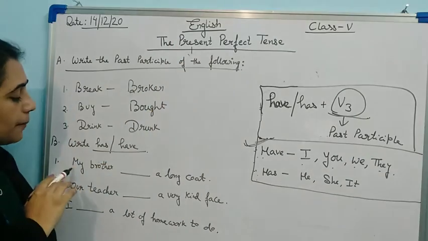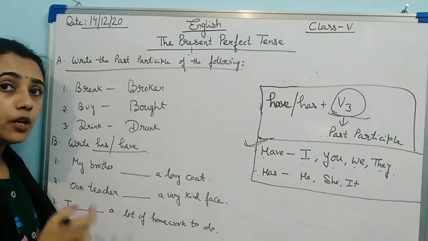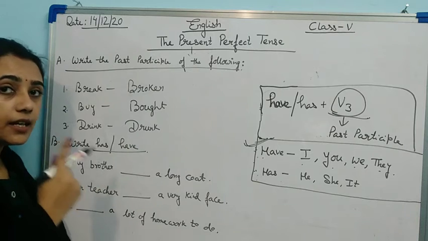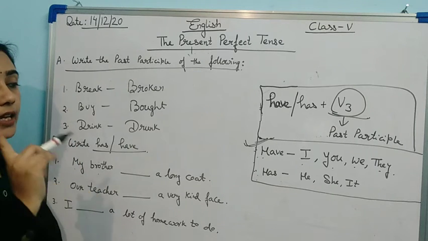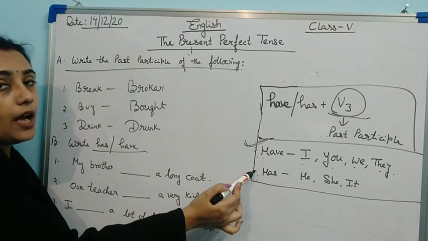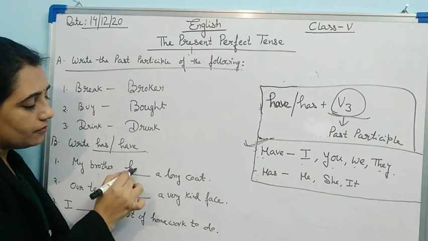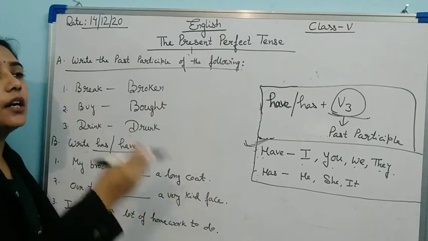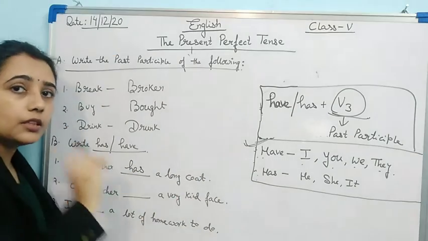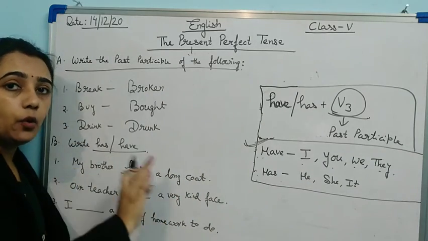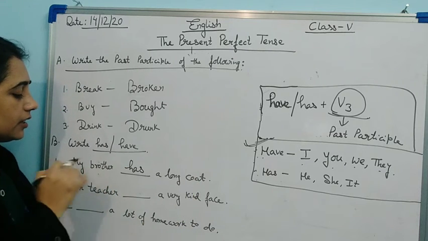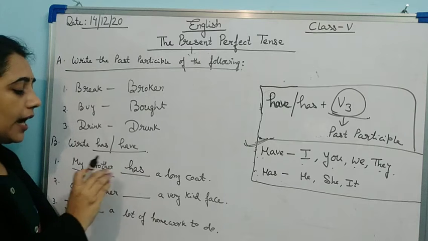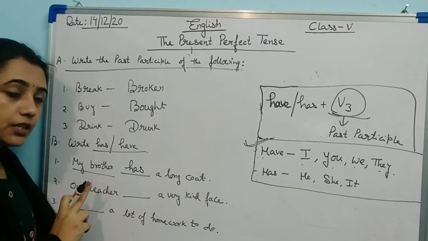So let's see. My brother is a single person. I am talking about my brother, that is a single person. My brother, single person, that means has a long coat, has completed the work, has done dinner, whatever thing my brother has done, I don't care. I have to see the subject only. That's it. Just keep it simple. I have to deal with the subject here.